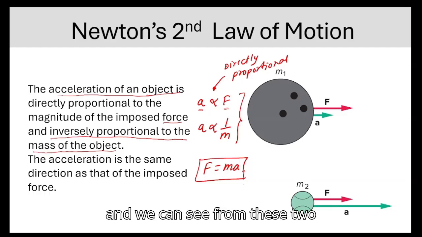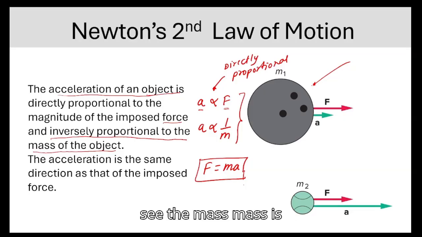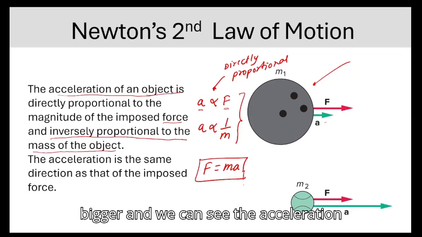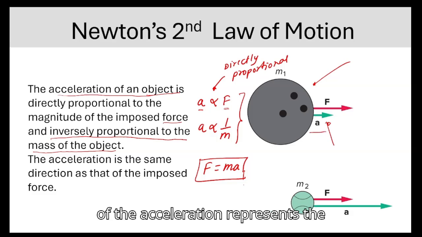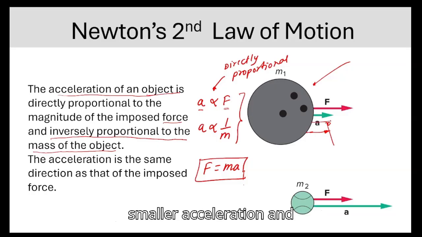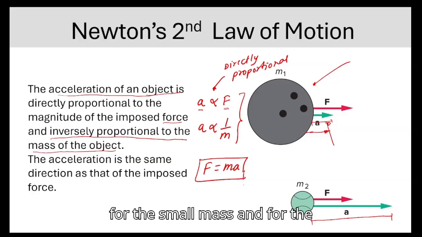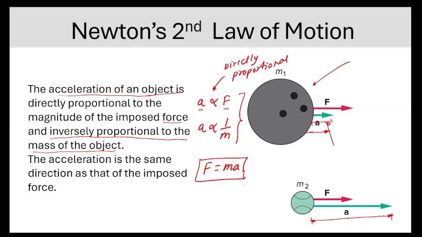And we can see from these two plots, in the first plot, the mass is bigger, and we can see the acceleration. Since it's a vector quantity, the length of the acceleration represents the magnitude, and we can see it has a smaller acceleration for the bigger mass, and for the same force and small mass, we can see the acceleration is high for a smaller object.